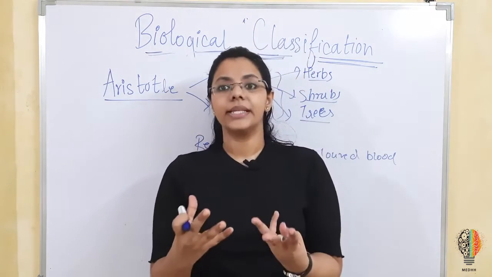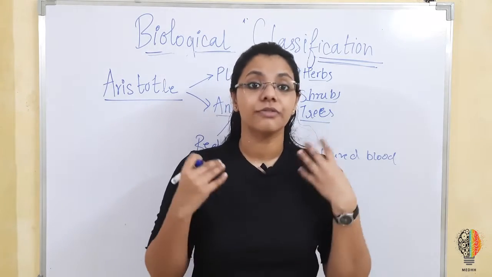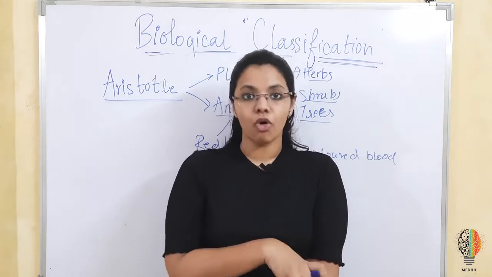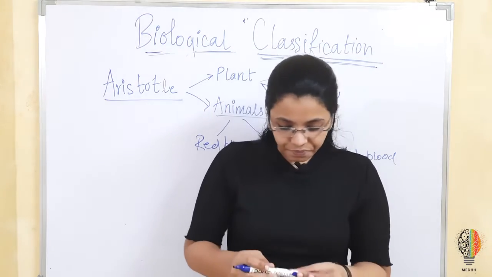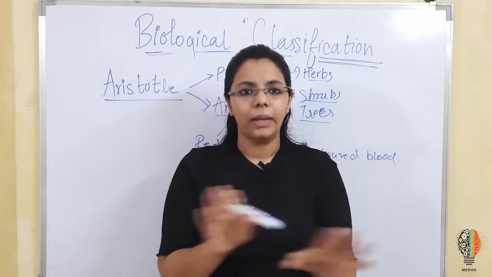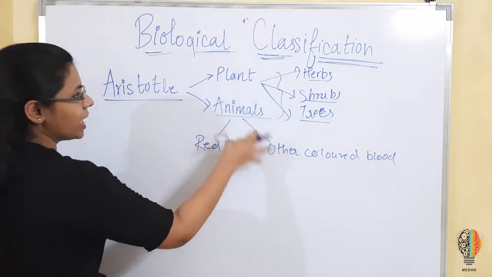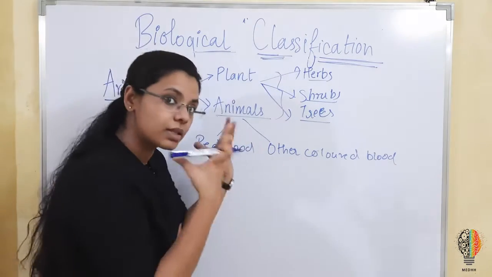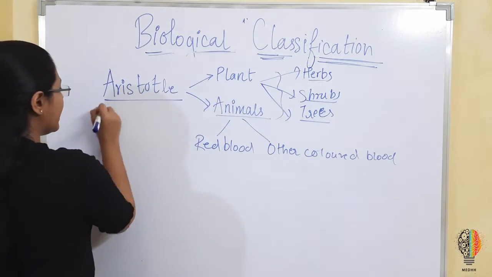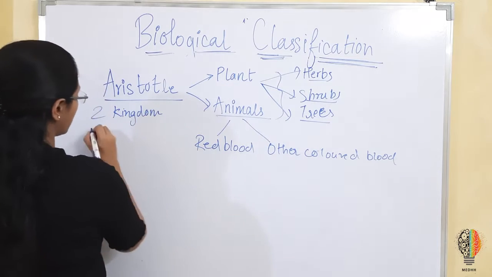For example, an octopus has blue blood because of the presence of copper in it. We have red blood because we have hemoglobin in it. This is how he categorized organisms at the very basic level. The basic kingdom is the bigger one, something we discussed in the last chapter. So he took a two kingdom classification.